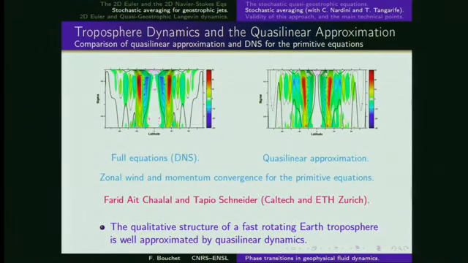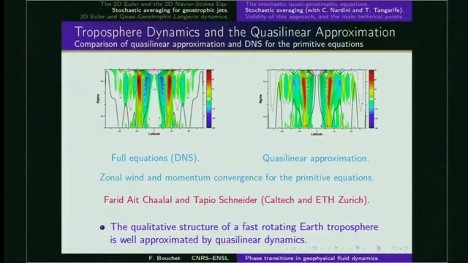So this quasi-linear dynamics has also been studied in more complex models. You can see here, for instance, work by Farid Ait-Chaalal with Tapio Schneider at Caltech. They compare this quasi-linear approximation with DNS for a GCM model using primitive equations for the Earth atmosphere. And you can see here that there is a very good comparison between this quasi-linear approximation and what is obtained in this GCM.